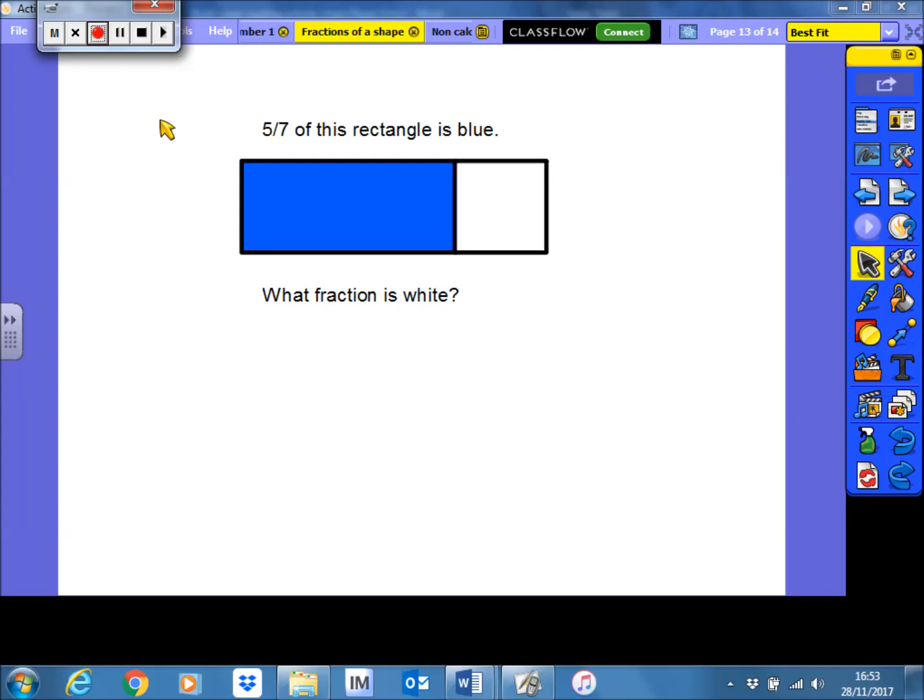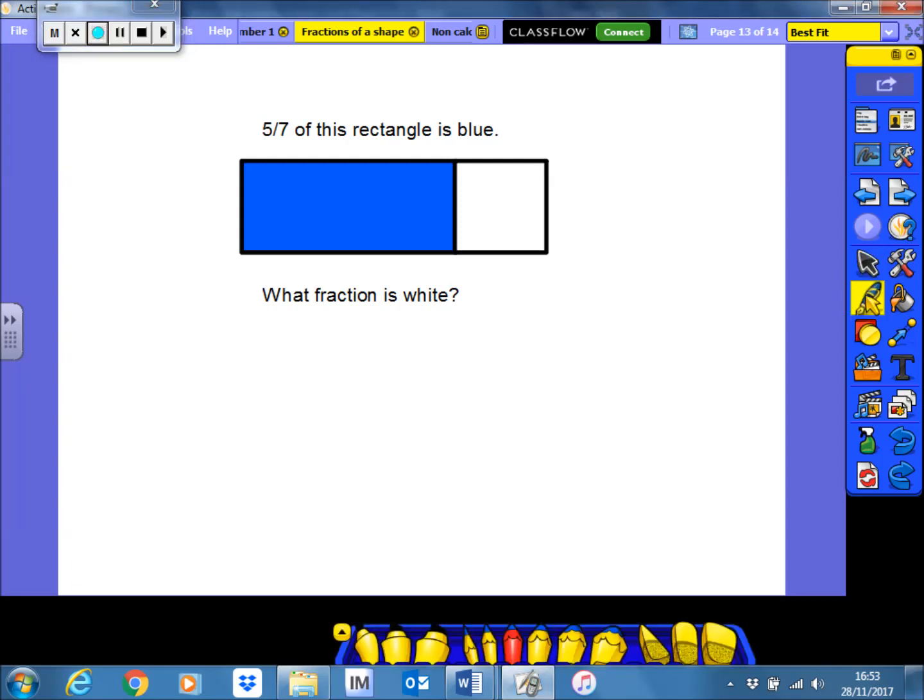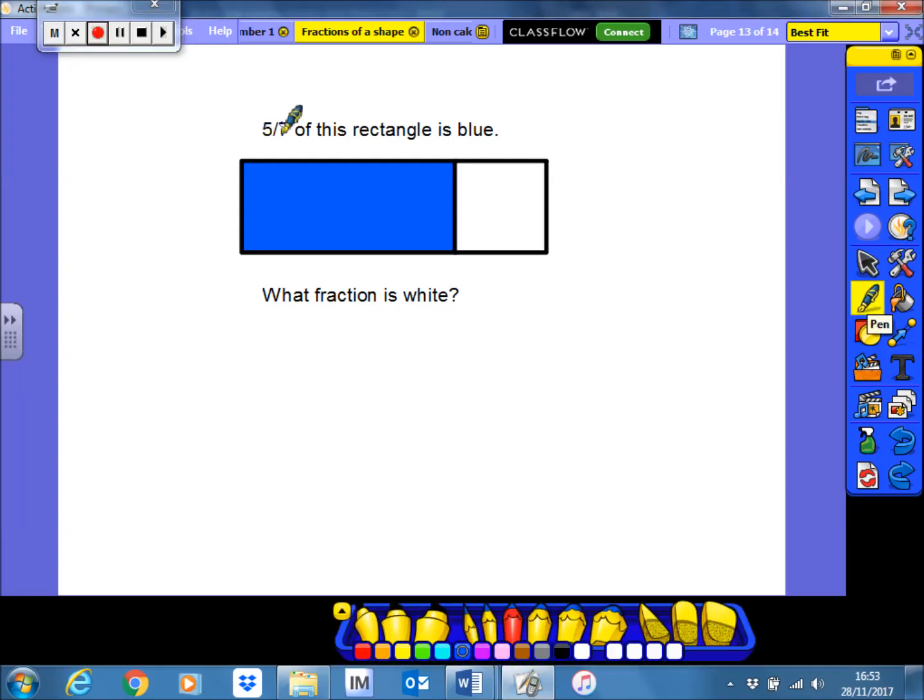So lastly, I'm going to give a couple of problems that explore this issue. So here's a rectangle, and I can tell you that 5/7 of this rectangle have been coloured in blue. So we know that 5/7 are blue. The remainder is white, and we're being asked what fraction of the shape is white in this case. So we know that the whole shape is made up of 7/7.